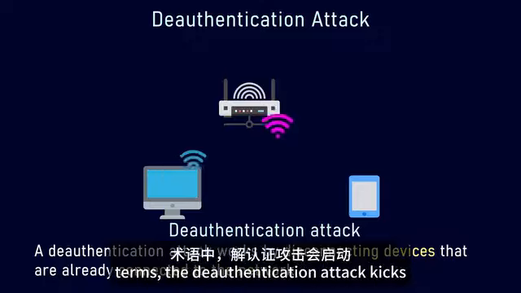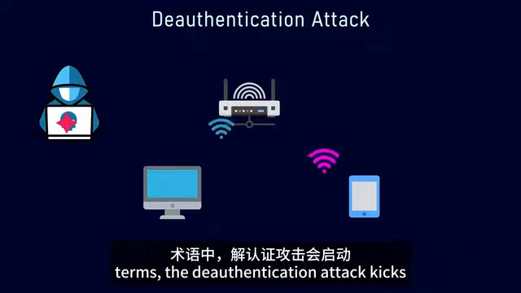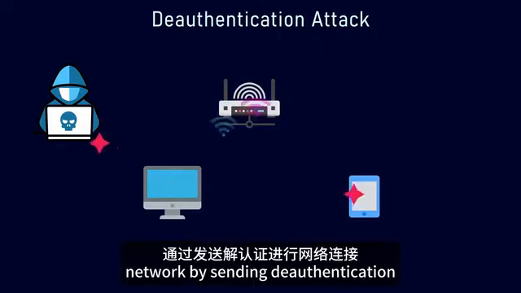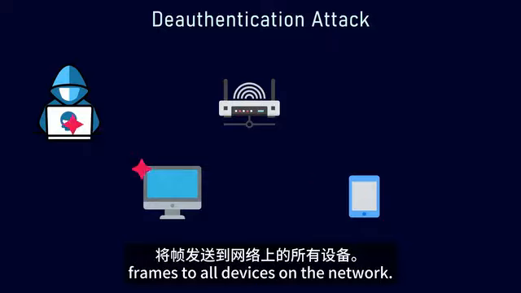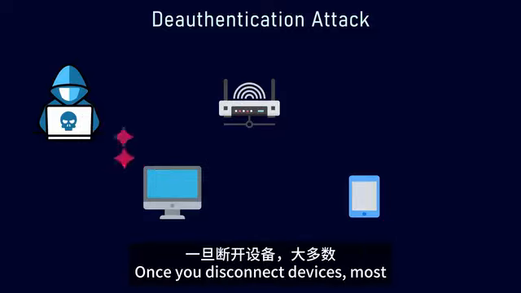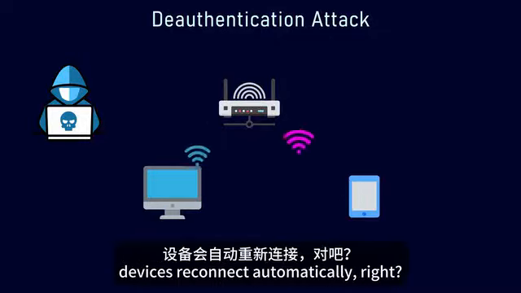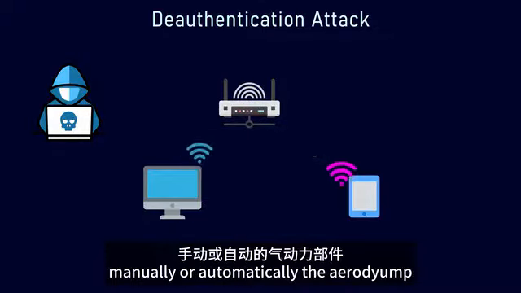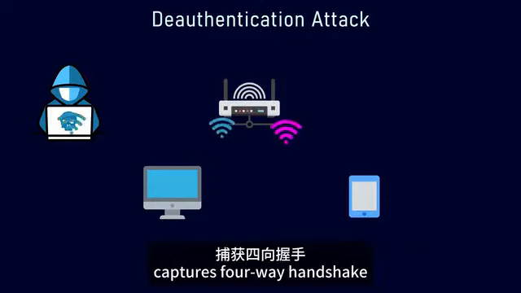In simpler terms, the deauthentication attack kicks off or disconnects devices from the network by sending deauthentication frames to all devices on the network. Once you disconnect devices, most devices reconnect automatically, right? So as soon as client reconnects, whether manually or automatically, Airodump-ng captures four-way handshake.